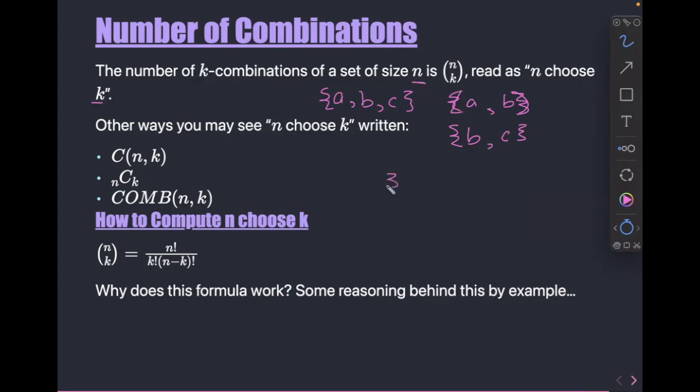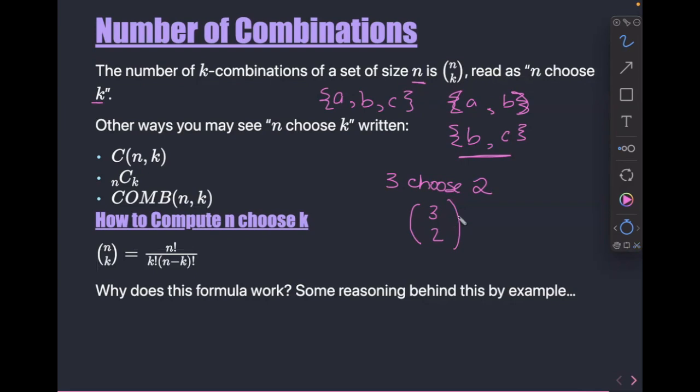So it's going to be 3 choose 2, because you're taking it from a set of size 3 and you're considering all combinations of size 2. And again, you'll see this often denoted with these parentheses, so you have 3 choose 2.